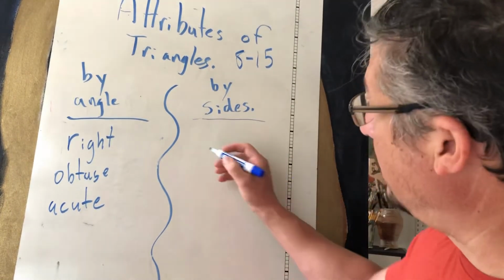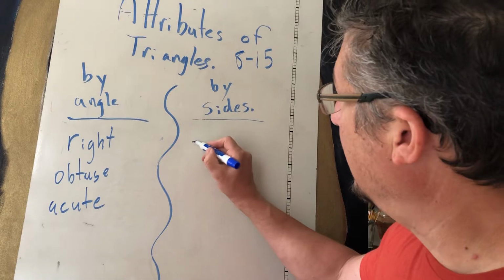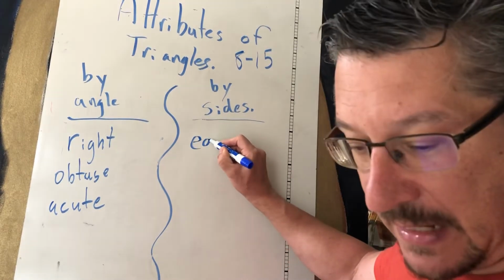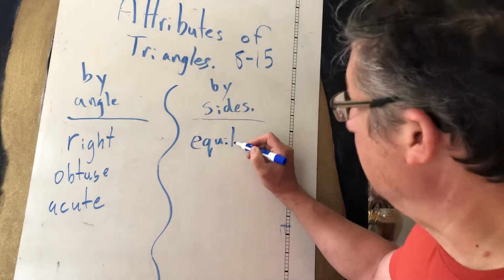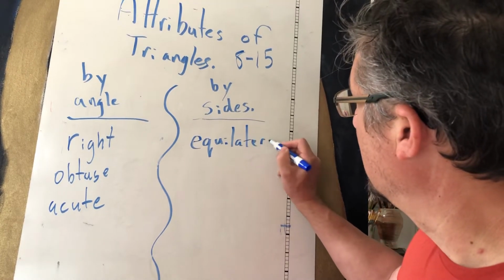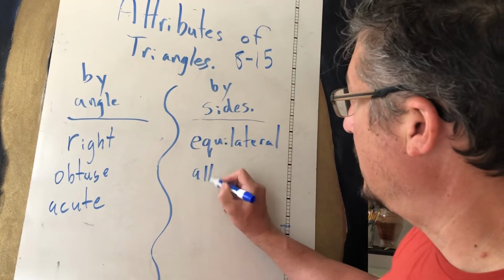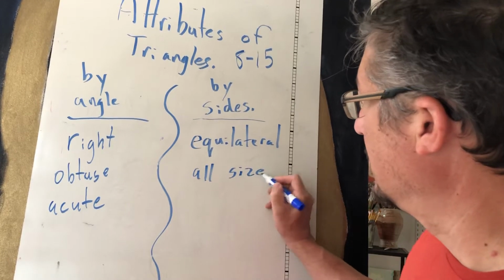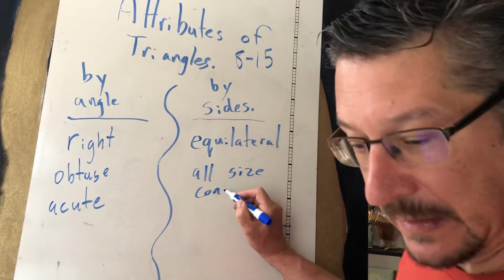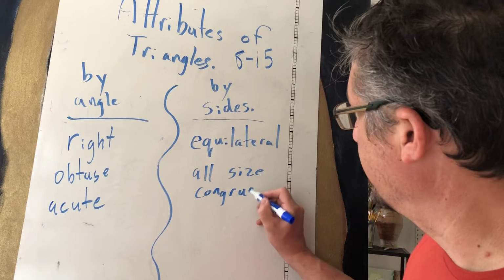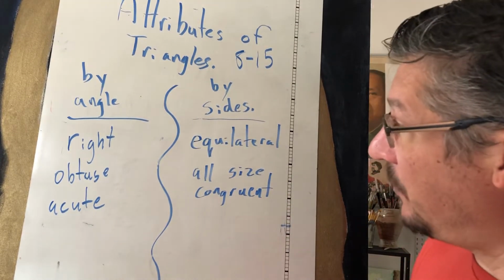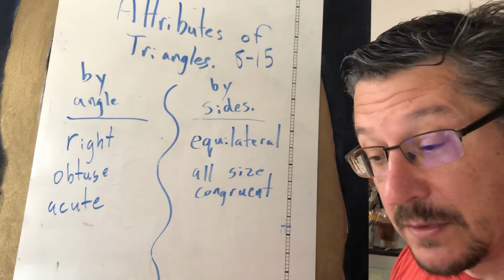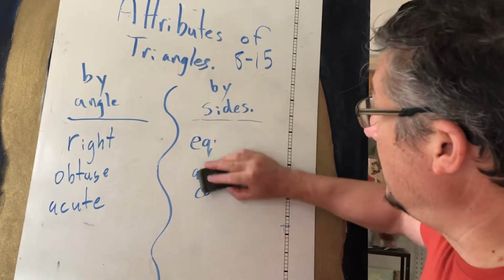Then we have equilateral. And that sounds like its name, where all sides are equal or congruent. All sides congruent. All right, I'm going to erase all this. You can get this in the notes, so you don't need to get it here.